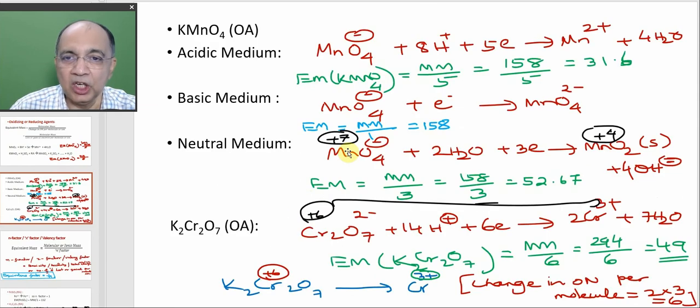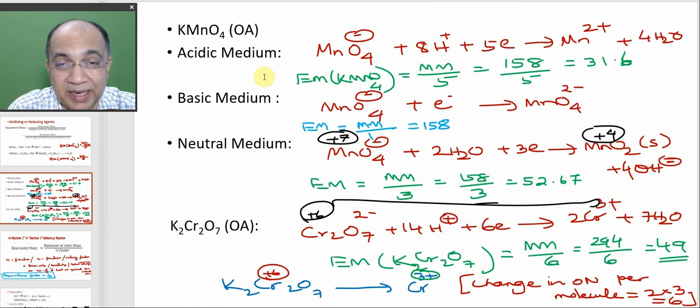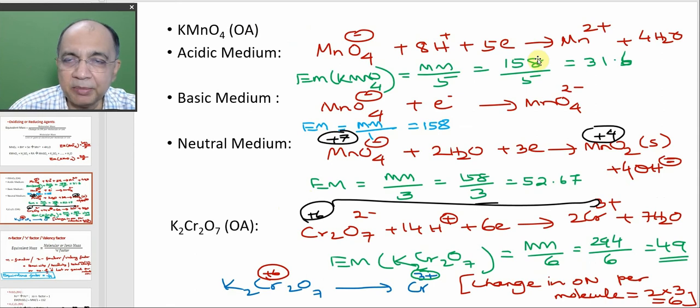So we can use KMnO4 as an oxidant in all the mediums like acidic medium, basic medium and neutral medium. It depends how many electrons are involved or what is the change in oxidation number per molecule or per ion. For example, in acidic medium we have just seen the change in oxidation number is 5. So the factor is 5 here.